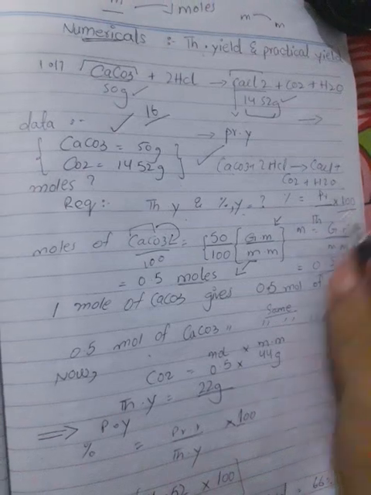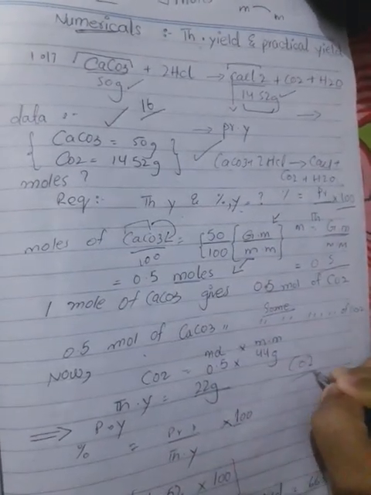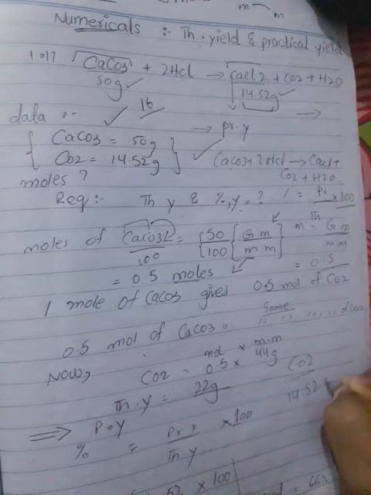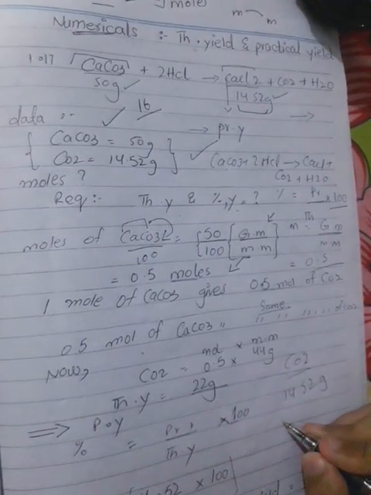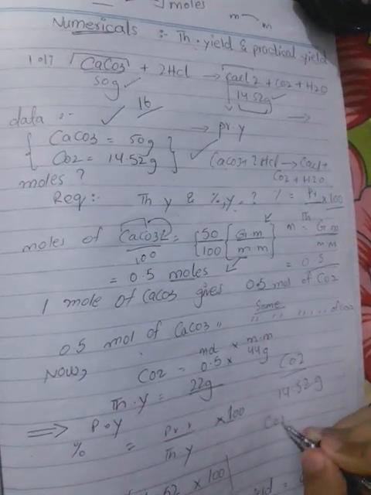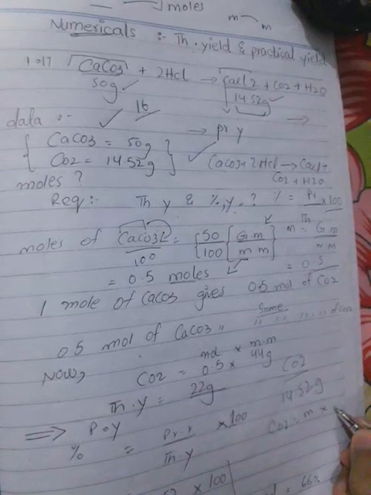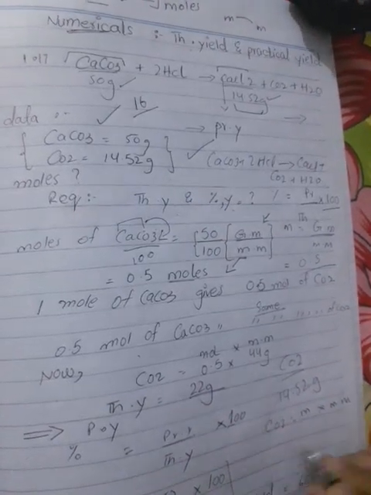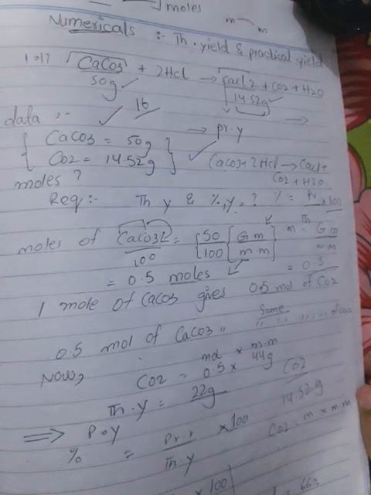Now let's find it out. For finding carbon dioxide, that is 14.52 gram, we have to rephrase the equation. So given mass equals moles multiplied by molecular mass.